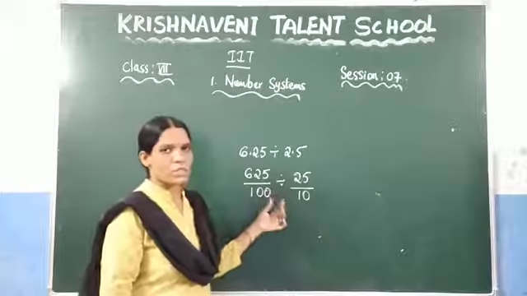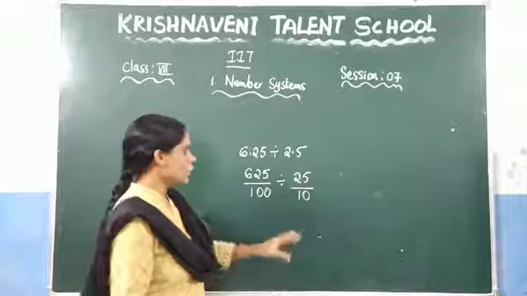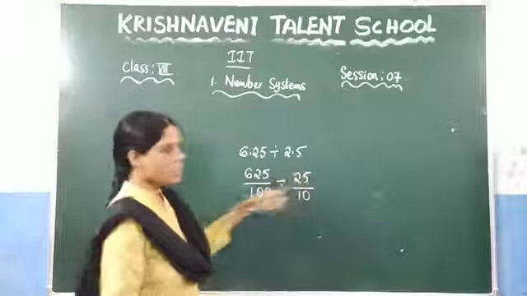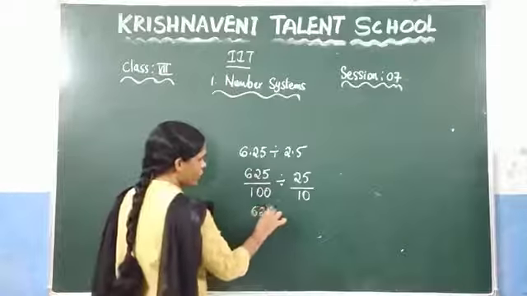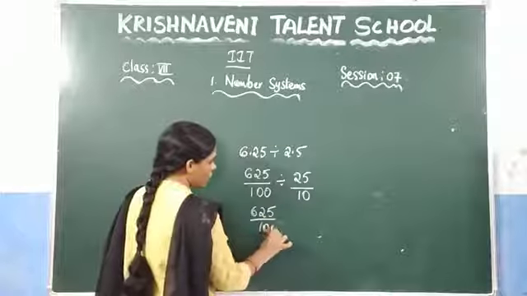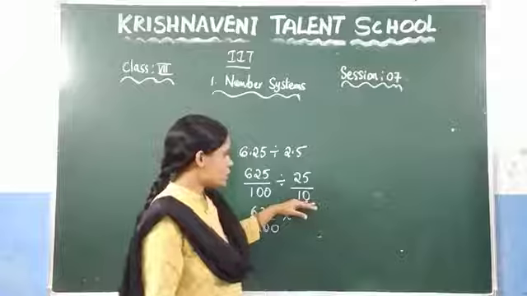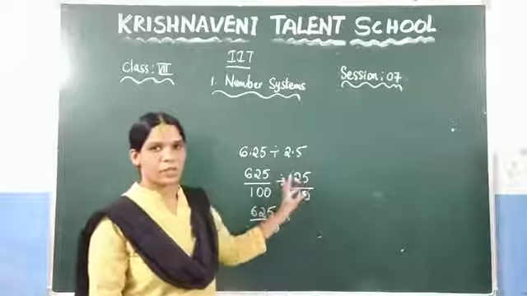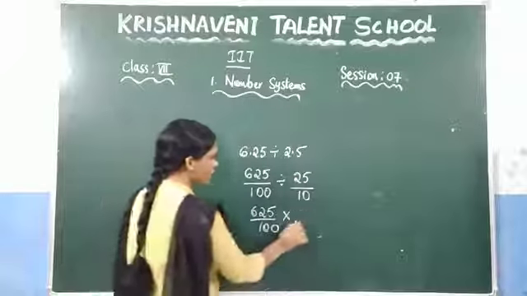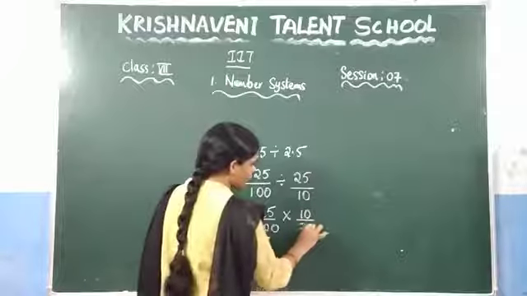If you want to change this division into multiplication, you need to write the reciprocal of this number. So write 625 divided by 100 into, what is the meaning of reciprocal? Just changing the numerator into the denominator and the denominator into the numerator. So you will get 10 by 25.